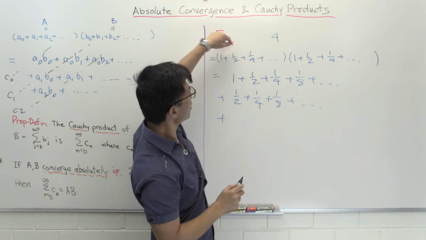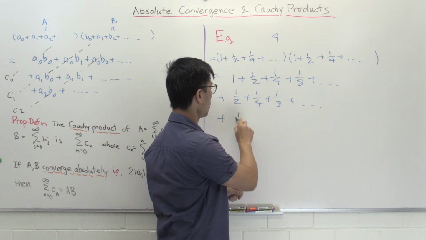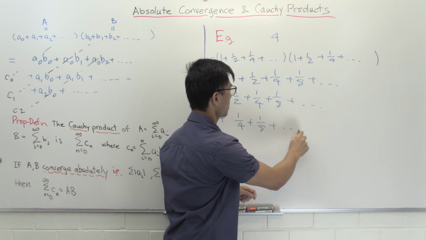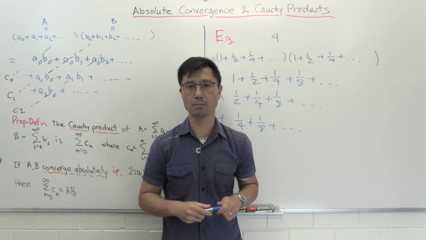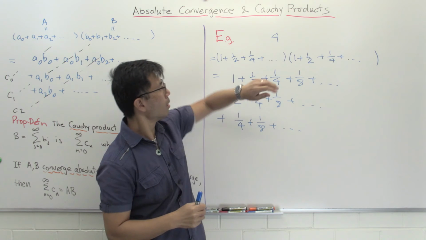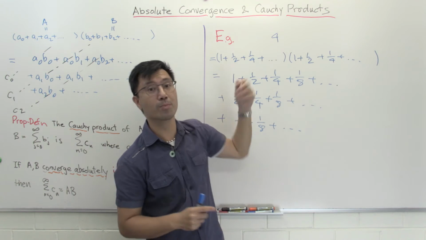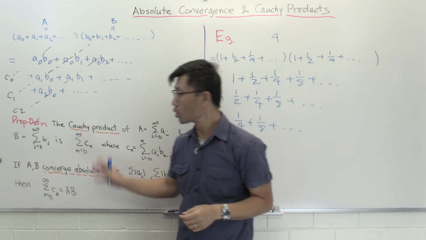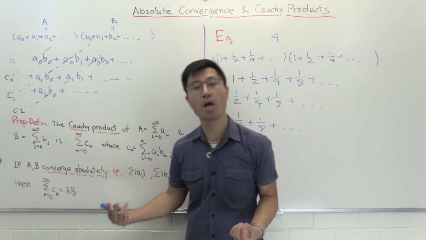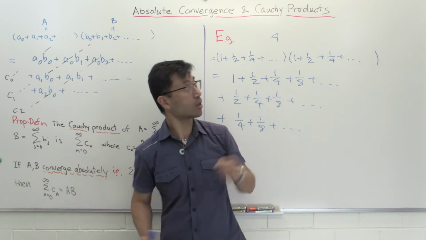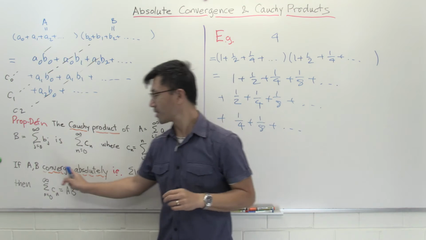And then for the next one, you'll take a quarter of this, so you'll get a quarter plus 1/8 plus and so forth. And certainly, since all of these are positive, the fact that they converge means that they converge absolutely, so we can apply this proposition to compute this product, which is 4, as the Cauchy product.